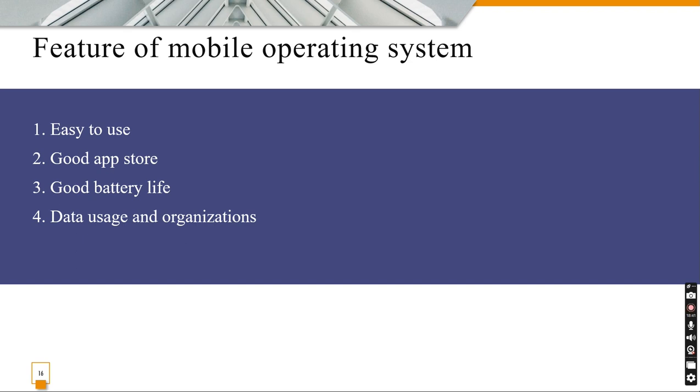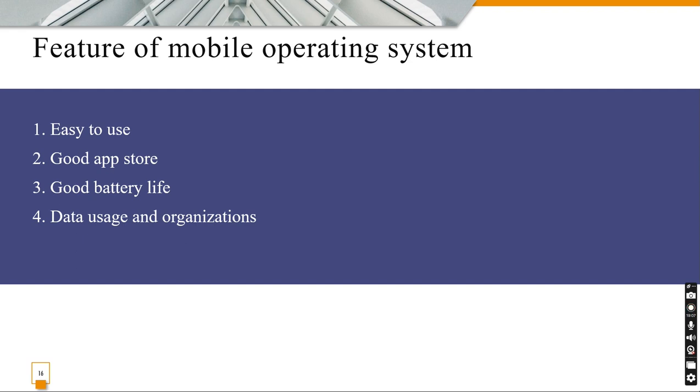So the first feature of your mobile operating system is easy to use, then good app store, good battery life, data usage and organized. Don't worry, we will see all these things in detail in the next slides. So let's go to the first feature of your mobile operating system.